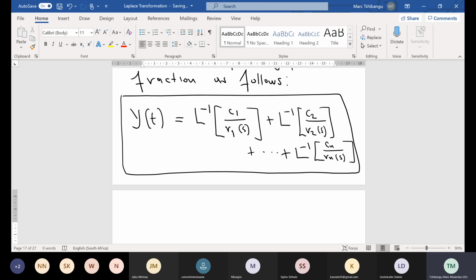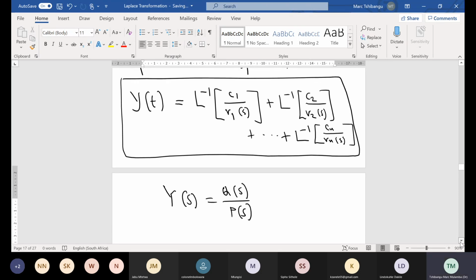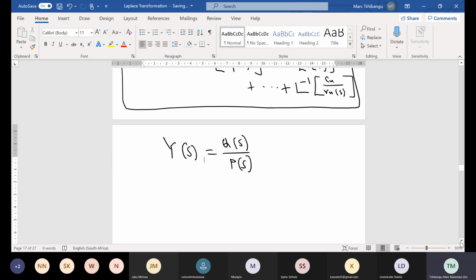But it's very important to note that when given a ratio of two functions, such as in this case, Q(s) over P(s), this ratio is governed by the characteristic equation.